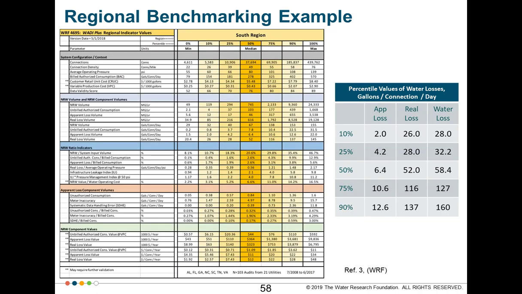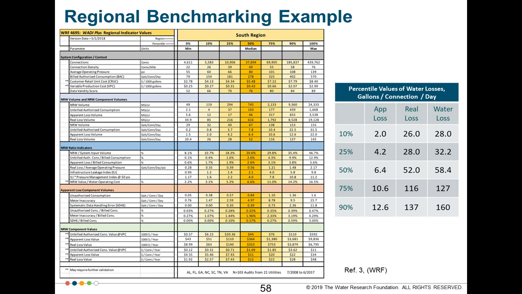Here's a screenshot of the South region, and it's defined in the document what is in the South region. And in fact, there is a spreadsheet on the WRF webpage that's downloadable where you can get each of these regional tables that show you the median, the 25th percentile, the minimum, the maximum, et cetera, for a whole group of indicators.